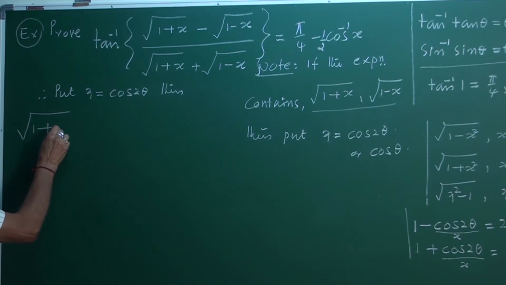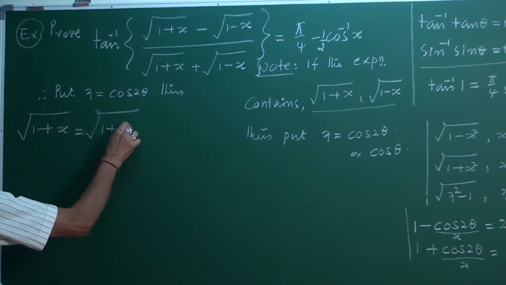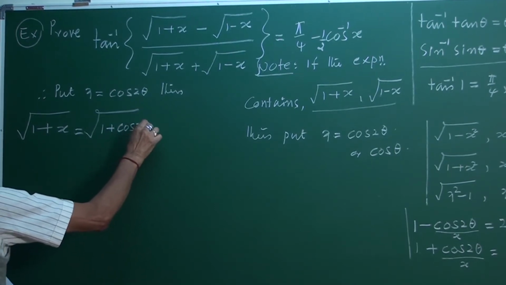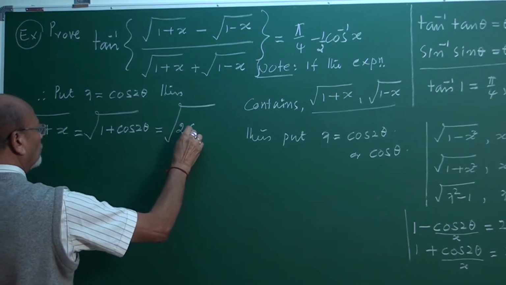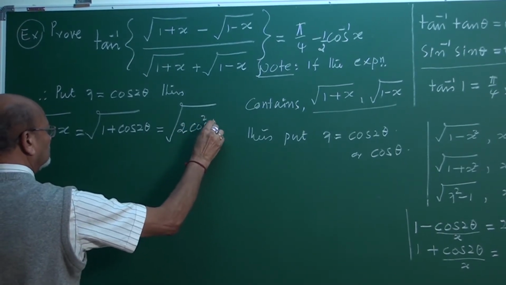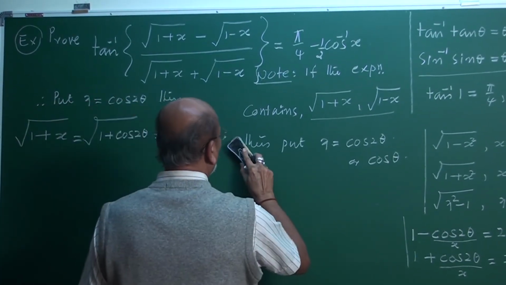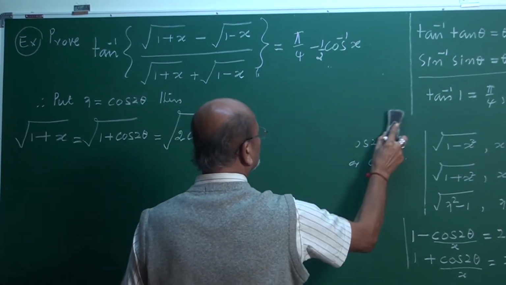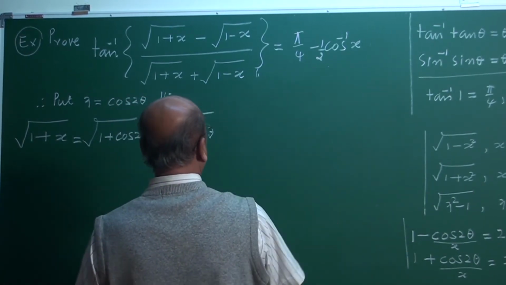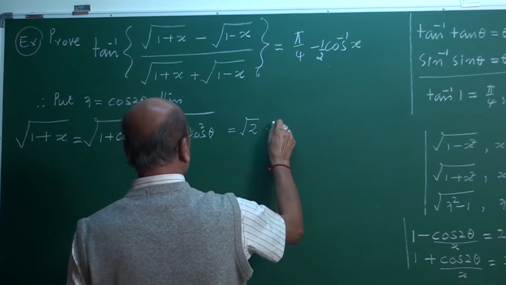It is root 1 plus cos 2 theta. What is this? Root plus means 2 cos square theta, half of the angle. 2 theta becomes theta. Yes, friend. What is it? It is square root of 2 into cos theta.